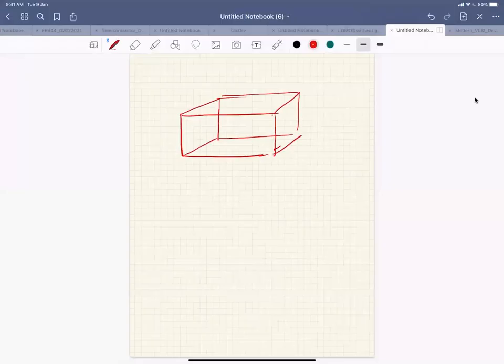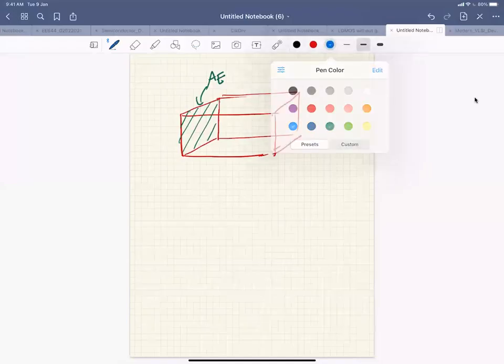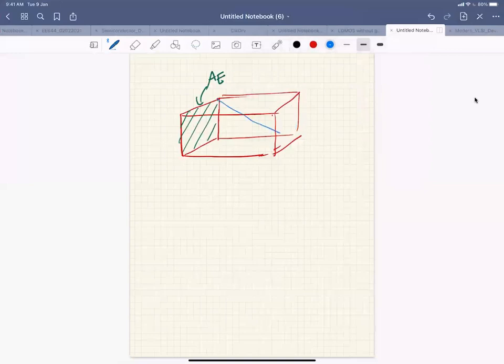So the AE is this area, right? And then I had this. How will I draw it to make it clear? Let me try.